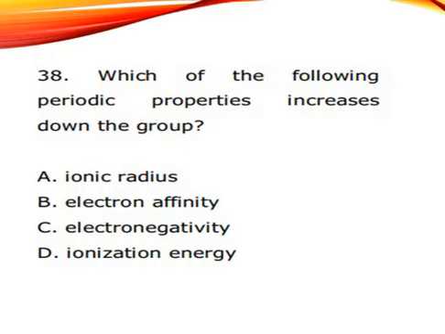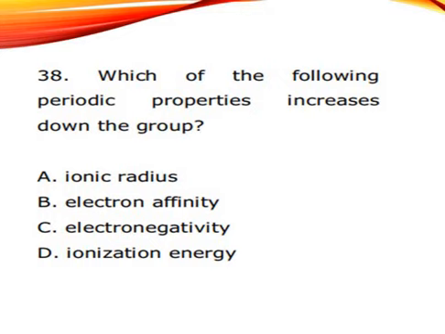Next is question 38, which says, which of the following periodic properties increases down the group? A. Ionic radius, B. Electron affinity, C. Electronegativity, and D. Ionization energy. Now, as we are supposed to know, the periodic table is arranged according to atomic number.